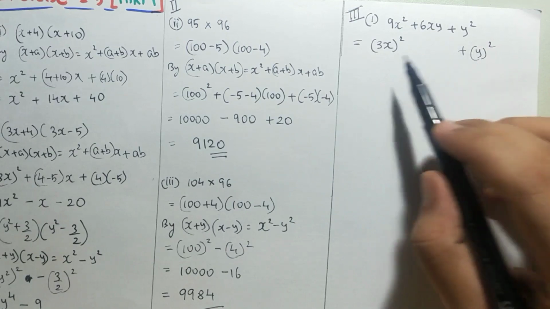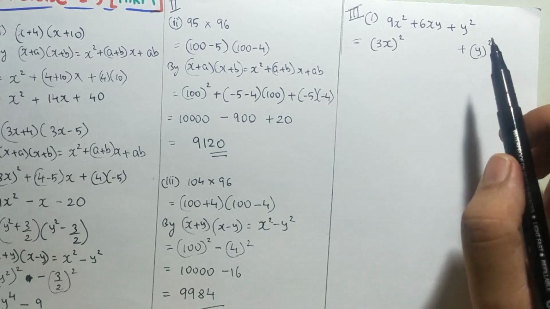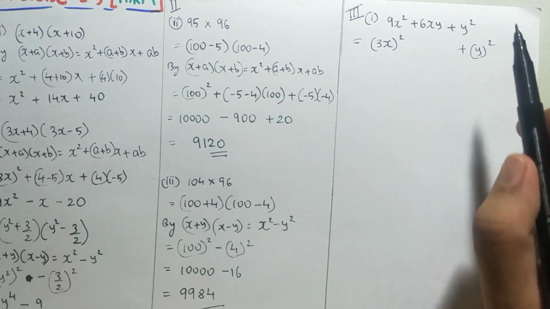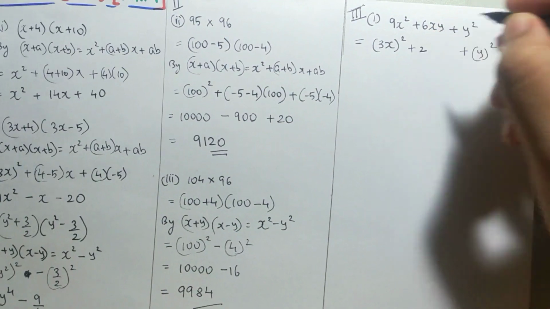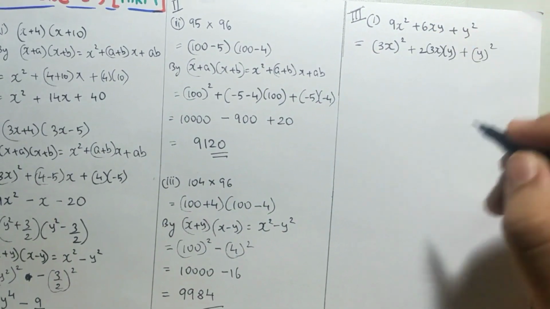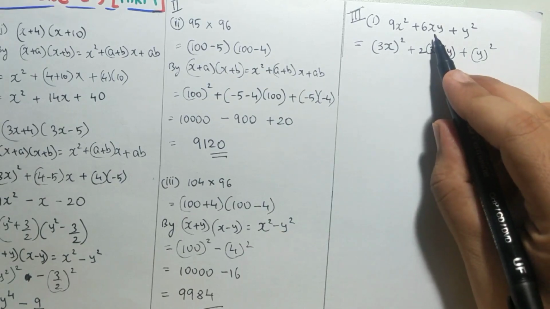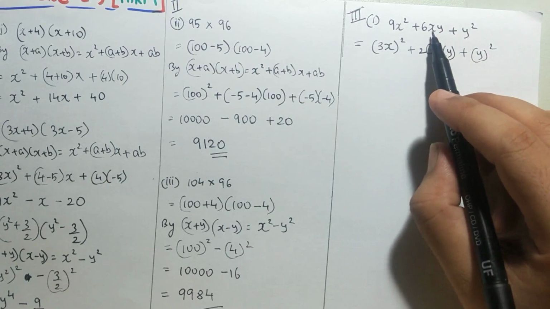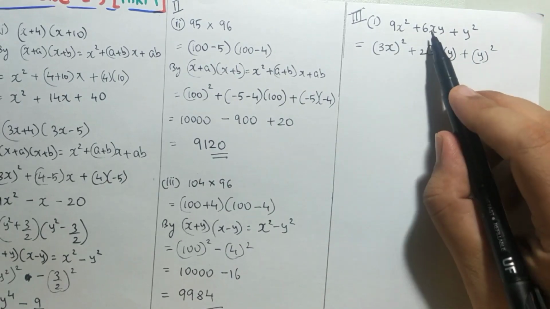The terms you are getting, multiply those 2 terms, and always multiply the answer by 2. So this is 2 multiplied by 3x multiplied by y. If you multiply them, you will get 6xy. See, we first ignored this term, but using these two terms and 2, we are getting this term.